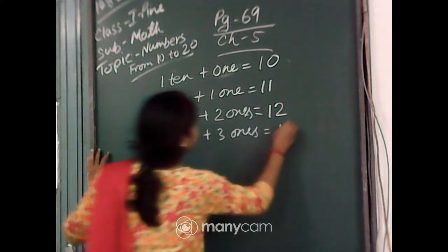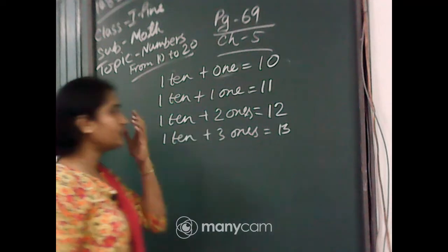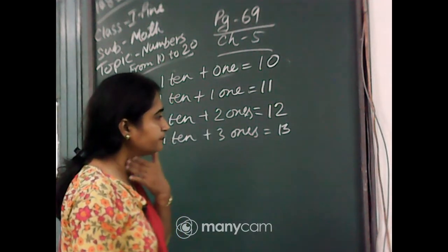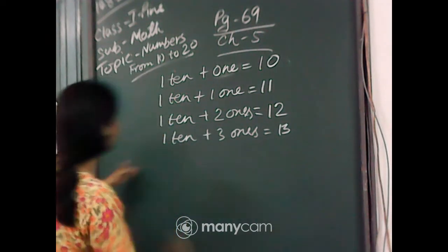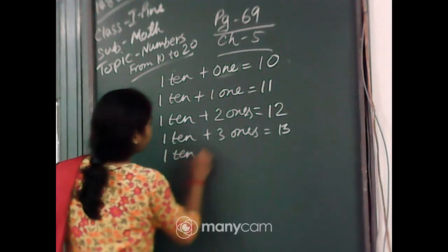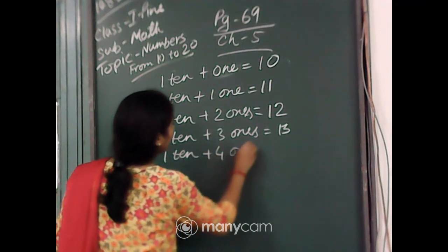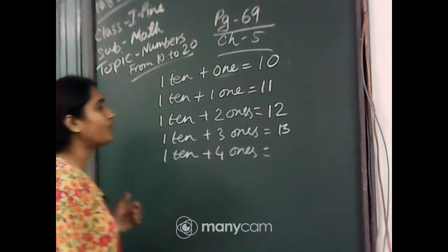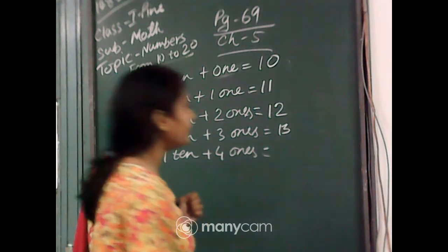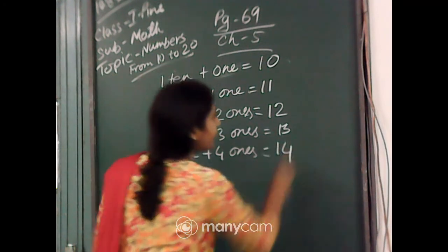Next, 1 ten plus 4 ones equal to, yes, very good, 14.